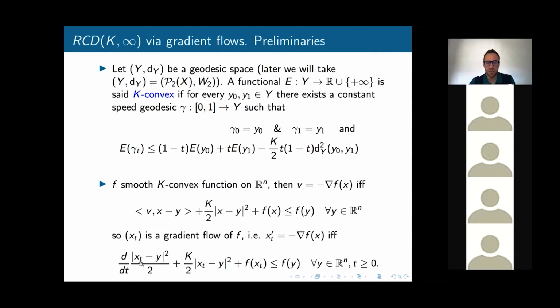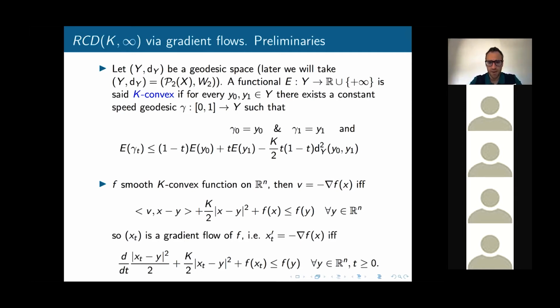If you differentiate it in t, you will get exactly this guy here. So using this exercise, we can say that a curve x_t is a gradient flow of the smooth and K-convex function f if and only if for every y in R^n this inequality holds: the time derivative of the distance between x_t and y squared over 2, plus K over 2 times the distance squared between x_t and y, plus f of x_t is less or equal than f of y. And this is an exercise that you can give in an exam in analysis 2.